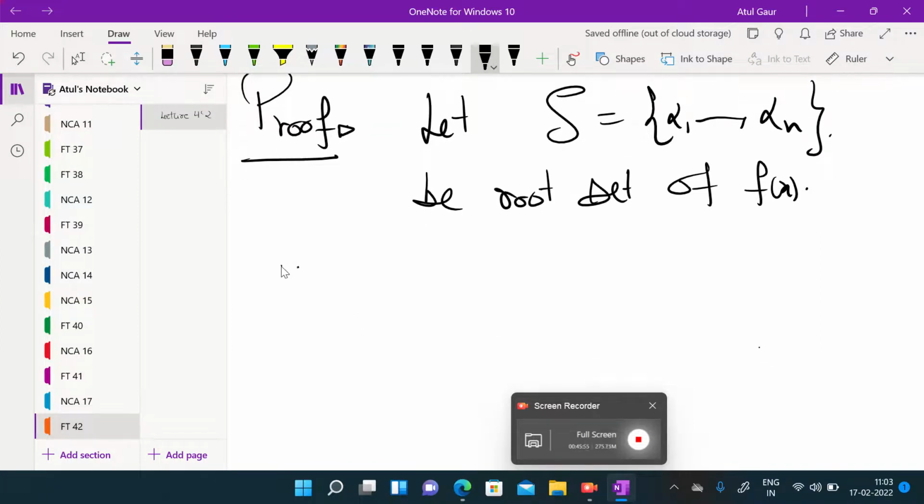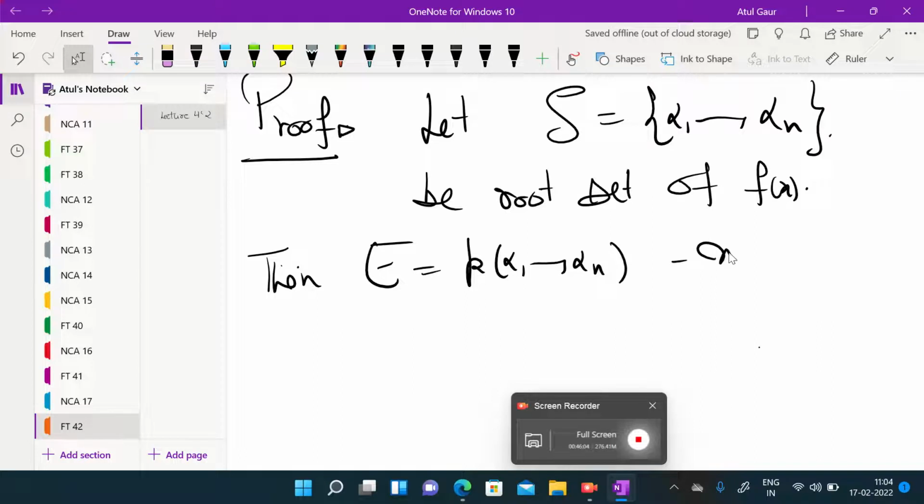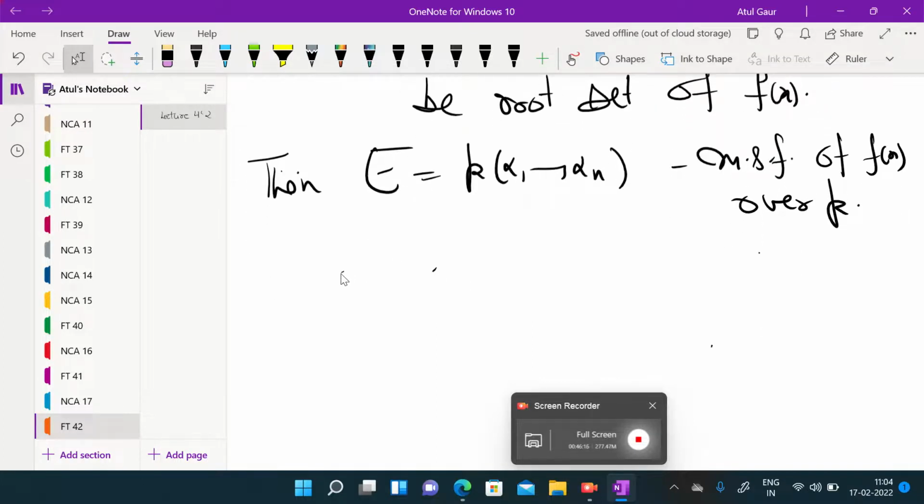So E, which is K(alpha 1, alpha 2, ..., alpha n), you know, will be the minimal splitting field of f(x) over K. Let G be the Galois group.